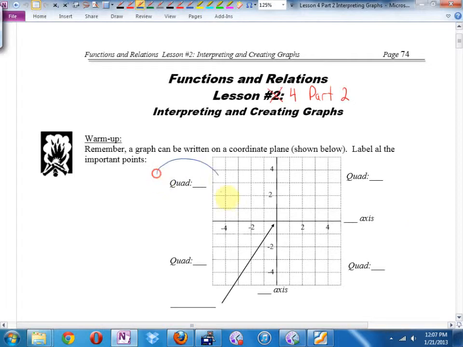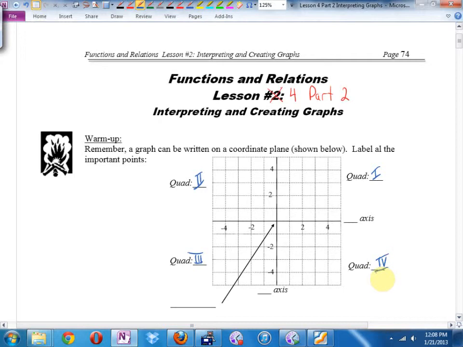What quadrant is this one right here? Quadrant 2. What quadrant is this one right here? 3. What about the top right quadrant? 1, and IV or 4.